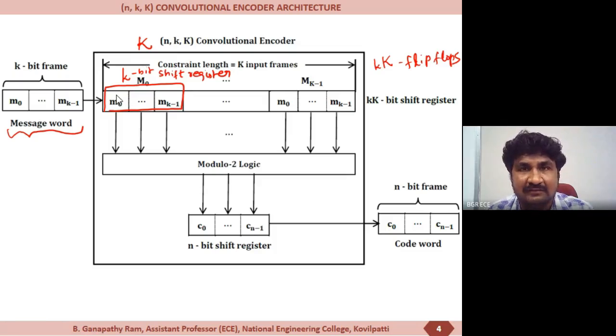But in the case of convolutional codes, it is not necessary to wait up to k clocks to load the k-bit shift register entirely. By serial loading, we can generate the code word accordingly, so we need not wait for the k-bit frame to be prepared in a well-structured manner, so the buffering requirement will be less, as well as the time elapsed.